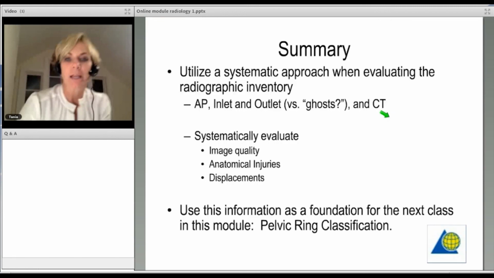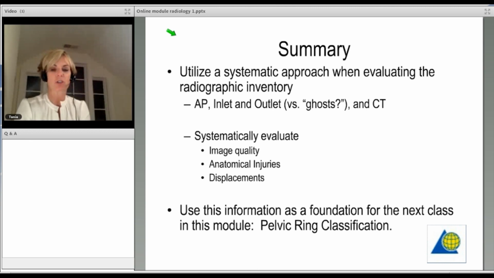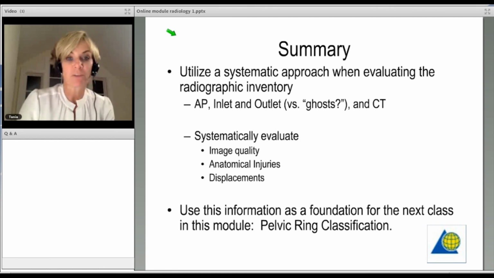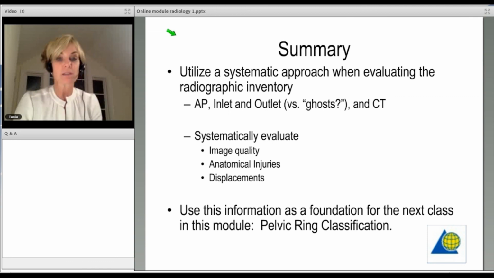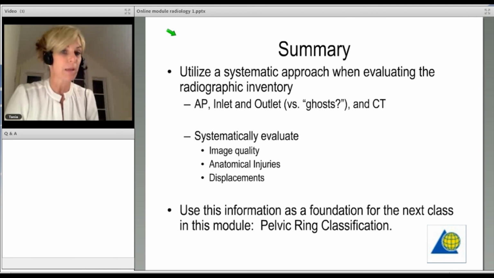So to summarize, I hope that this time has given you a systematic approach to utilize when evaluating the radiographic inventory of a patient who's sustained a pelvic injury. Our routine inventory includes an AP pelvis, an inlet and outlet view, and maybe at your institution those plain films have been replaced by ghost images obtained from the CT-based data, and then a CT scan.